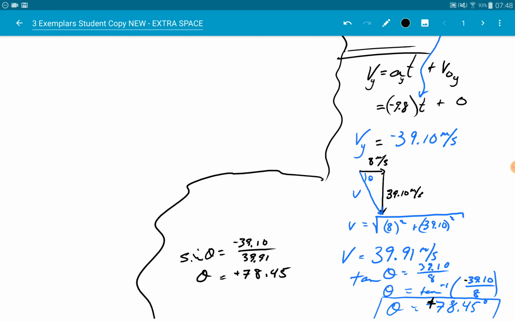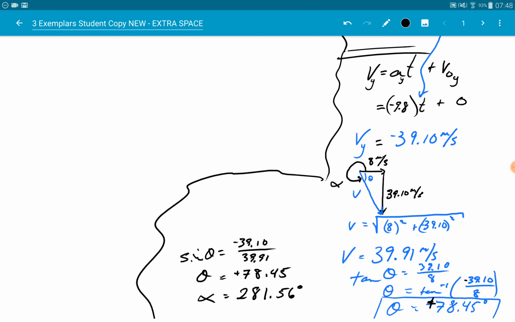We can always take 360 minus the 78 and get my, you might say, normal measurement of measuring the angle counterclockwise around there as we normally do. I'll label that as alpha there. And we just do 360 minus that 78 and we get 281.56 degrees. Either way that you report this is totally fine.